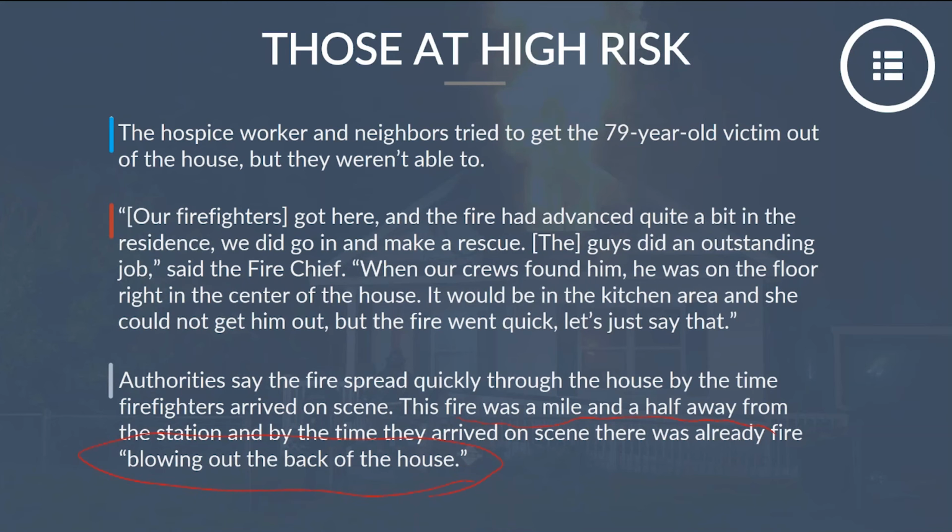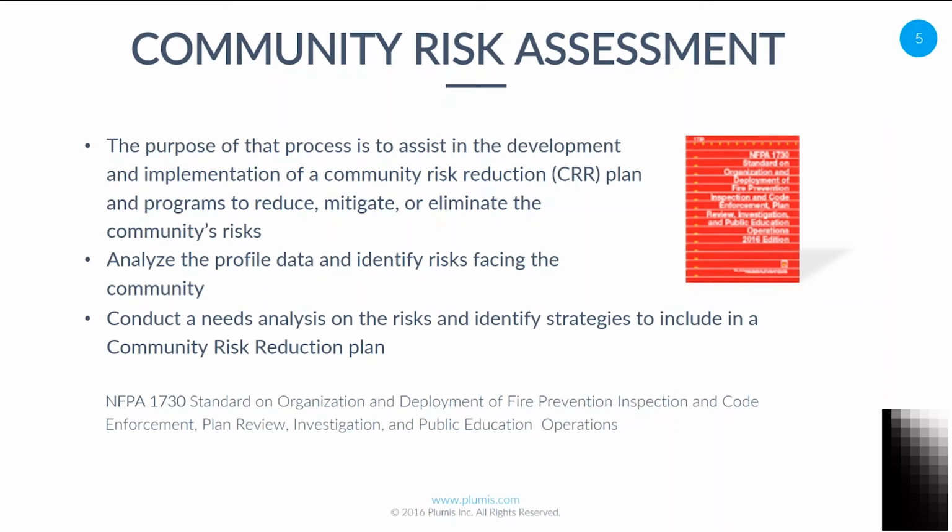So let's look at this community risk assessment. And where we go is to NFPA 1730, which is the standard on organization and development of fire inspection, code enforcement, plan review, investigation, and public education operations.